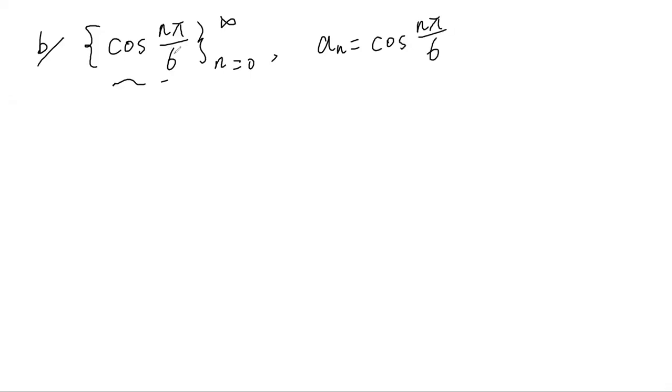Since this sequence starts from 0, the first term corresponds to n equal to 0. That is 1, because cosine 0 is 1. When n is equal to 1, you get cosine of pi over 6, that's square root of 3 divided by 2. When n is equal to 2, you get 1/2, which is cosine of pi over 3, and so on.